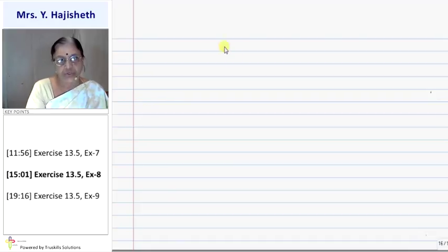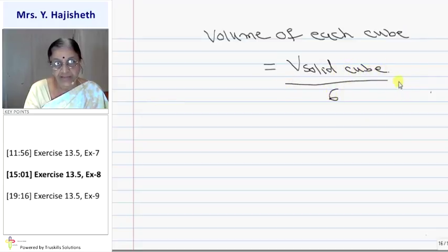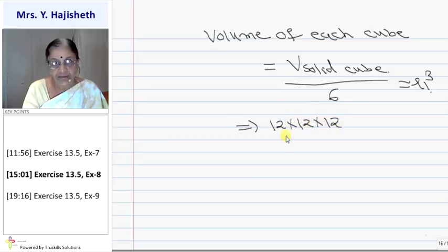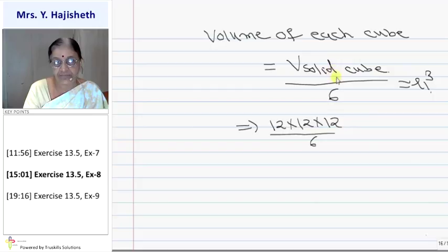Now what is volume of each cube? Volume of each cube is volume of solid cube divided by 8, and that is nothing but L1 cube. So it is 12 into 12 into 12 upon 8, there are 8 such cubes, is L1 cube.